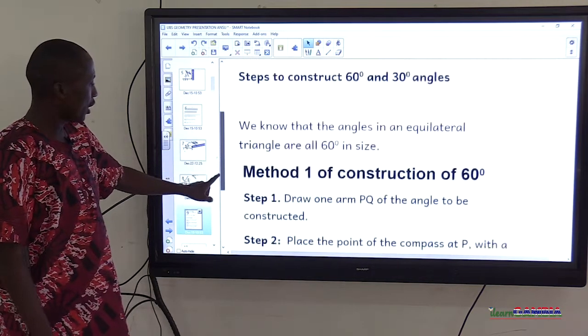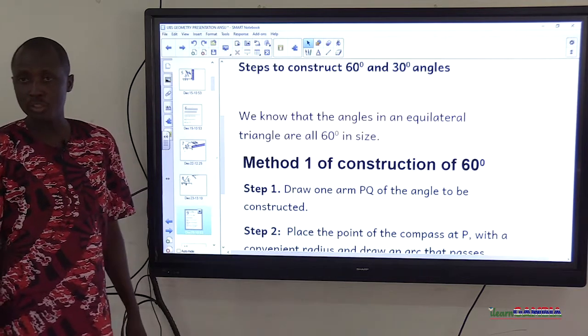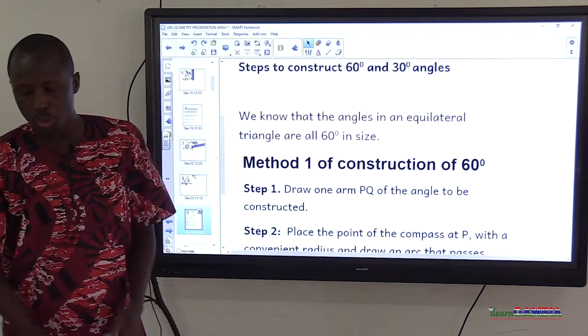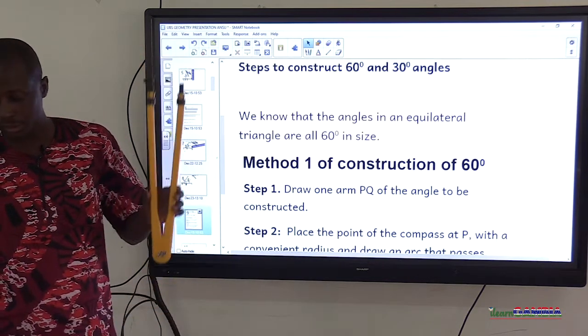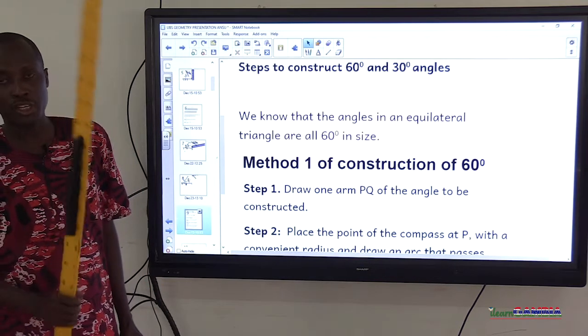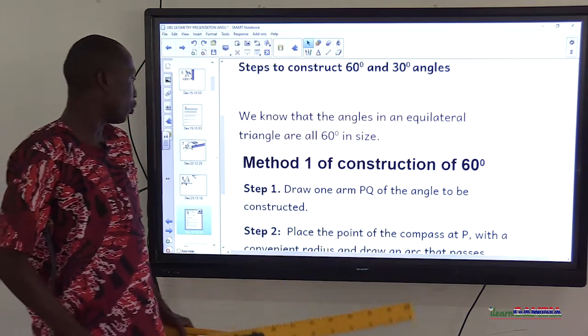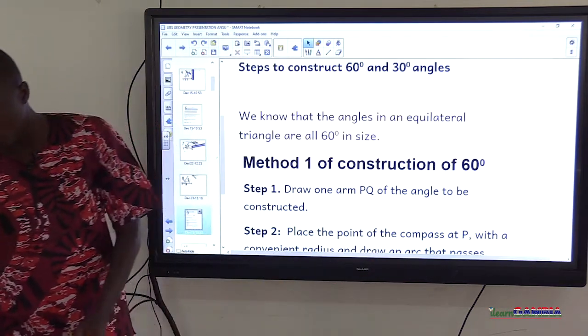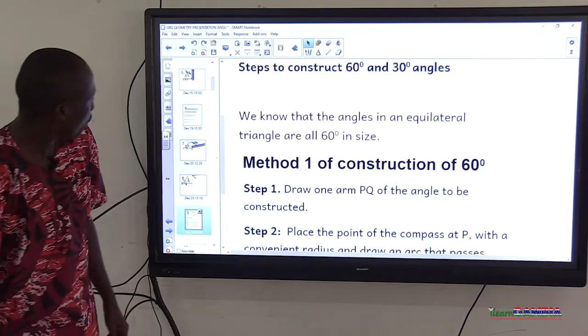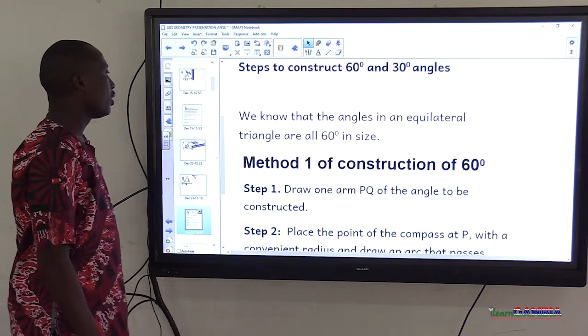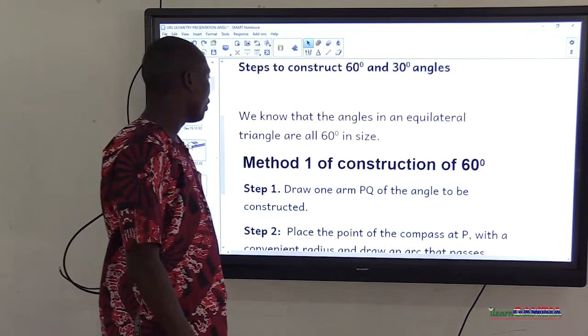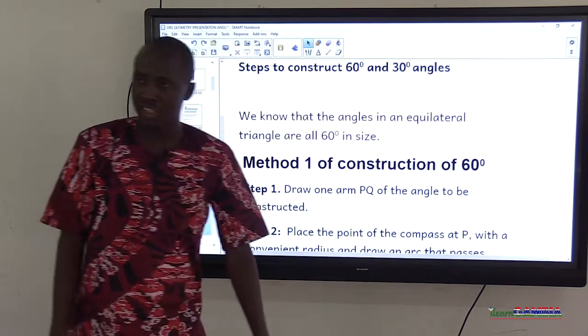Remember, in your previous lesson, you were told you are only going to use the compass and the straight edge or a ruler. These are the two tools you are going to use to do your construction. Now we know that angles in an equilateral triangle are all 60 degrees in size.